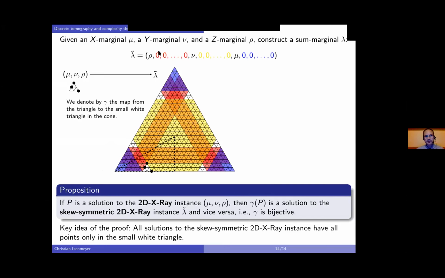Because these zeros will clean out. The zeros say basically that you cannot have any points in these colored regions. So all the colored regions are cleaned off by the zeros, and you can only be in the cone, and this would be the only thing that's left. So it's a bit technical, and this is actually the technical heart of the proof, but the technical heart of the proof uses only elementary combinatorics. There's nothing else to that.